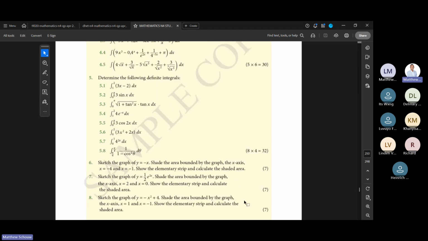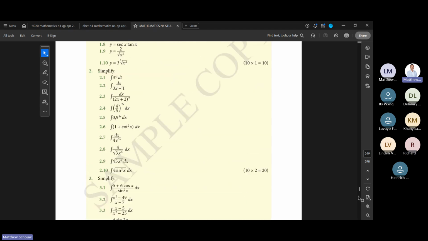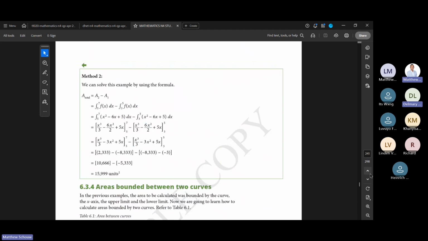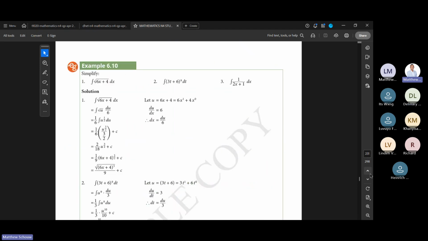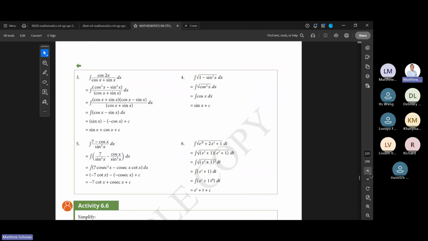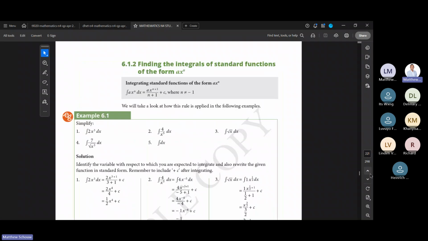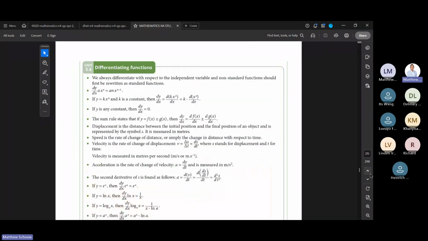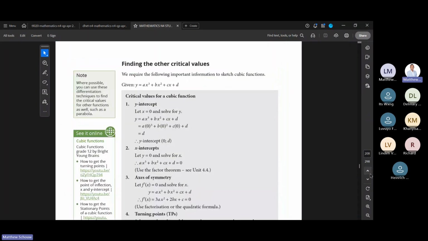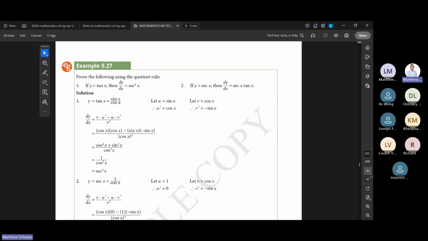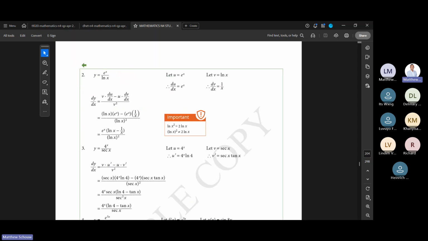Okay, no worries. So let's quickly go over differentiation. Now, obviously, there is a proper way to teach you differentiation. I'm just finding something which I've done before here. Let me just quickly see.